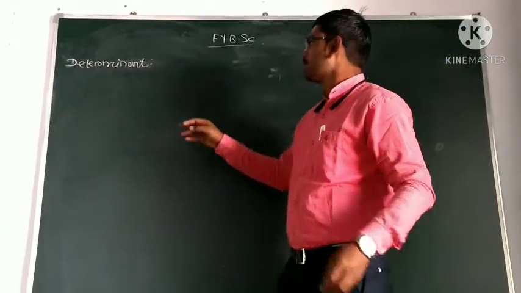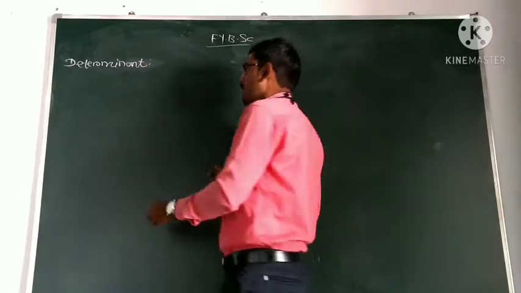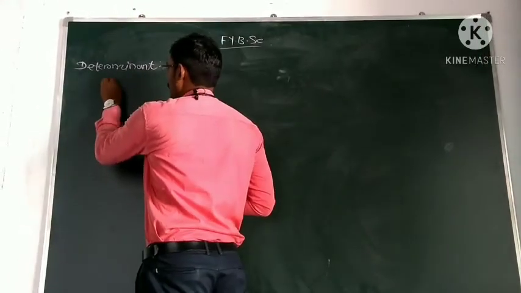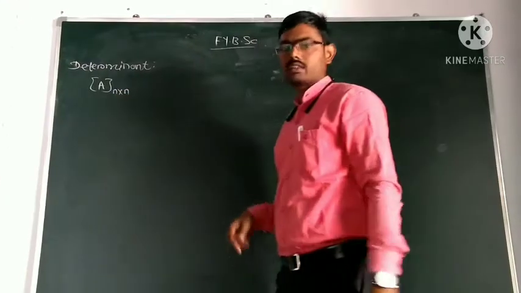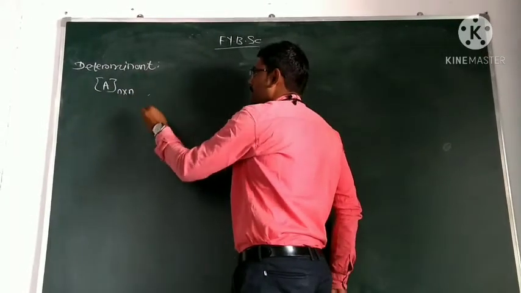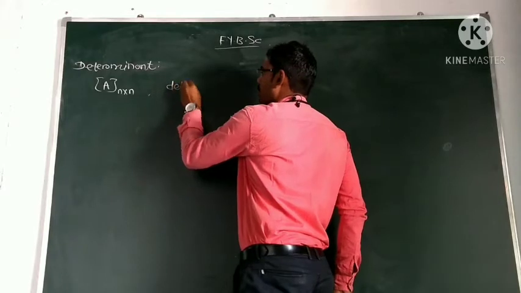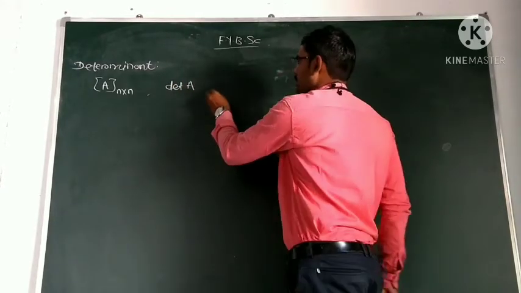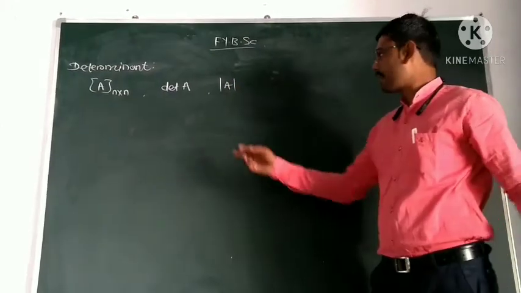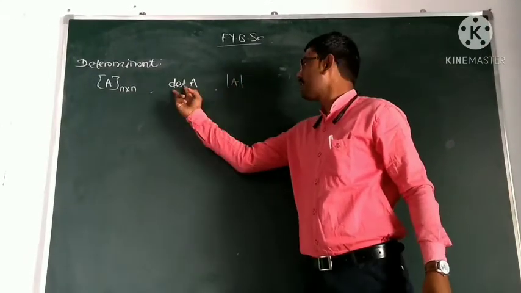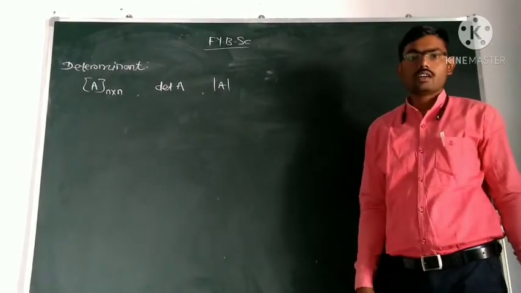First, the determinant of a matrix. Suppose A is a square matrix, that is, A is a matrix of order n by n. Then the determinant of the matrix is denoted by det(A), or also like this, mod A. These are the notations for the determinant of the matrix.